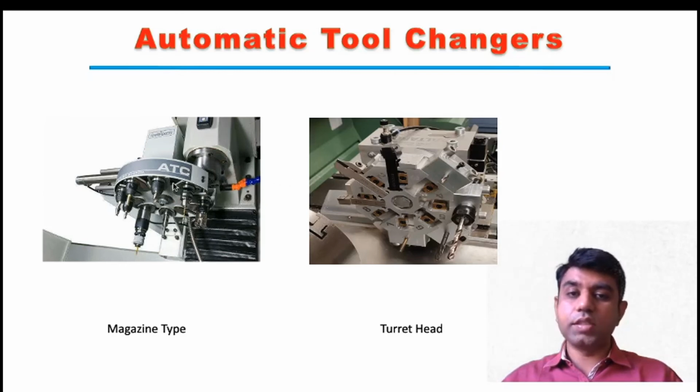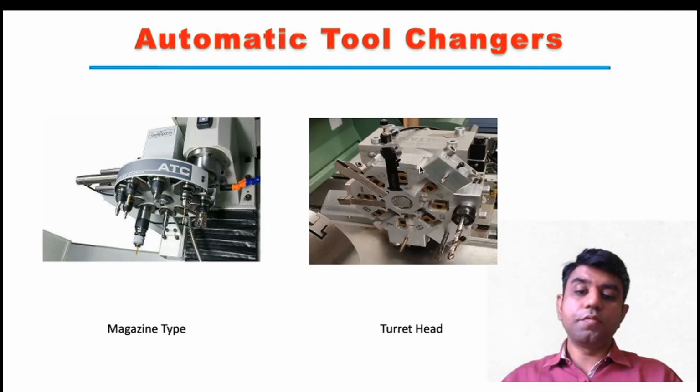So the magazine will use tool number 1 for the cutting operation. Suppose you are changing the tool in your program to T02, then the T02 tool will come into the cutting operation, right? So the basic function of the magazine is to hold the different tools.